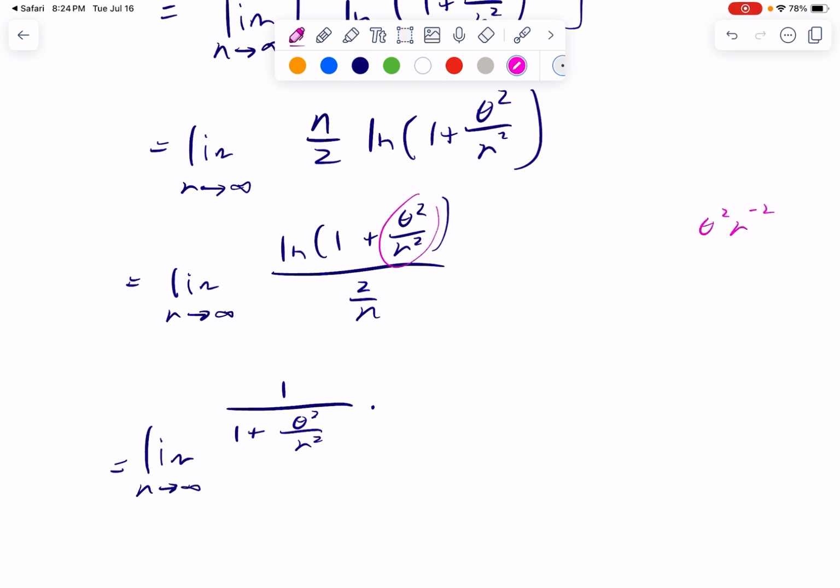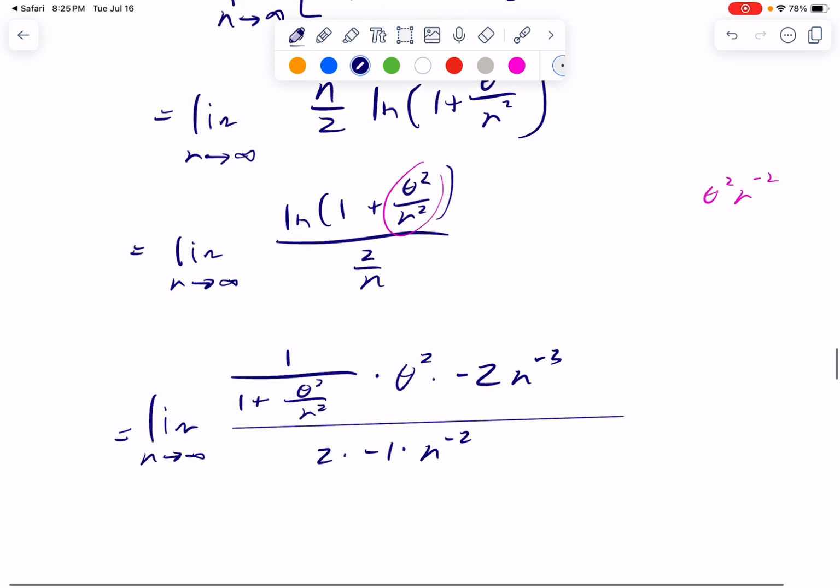So the derivative, from the point of view of the limit, theta squared is just a number. And then the derivative of n to the negative 2, where n is the variable, would be negative 2 n to the negative 3. And then over here, 2 is the coefficient. We have n to the negative 1. Derivative there is negative 1 times n to the negative 2.